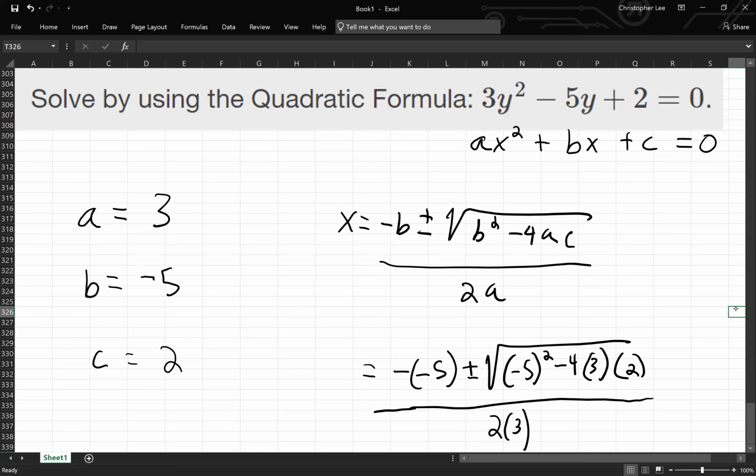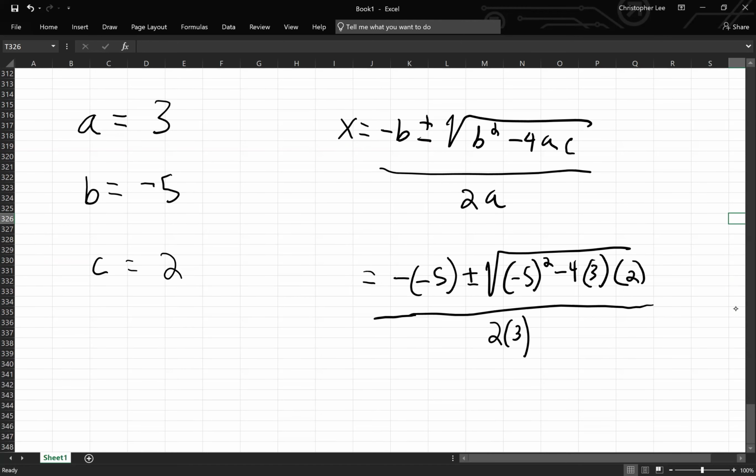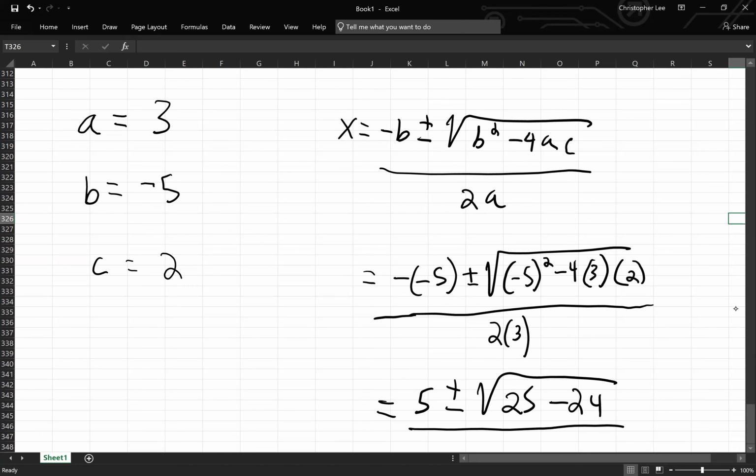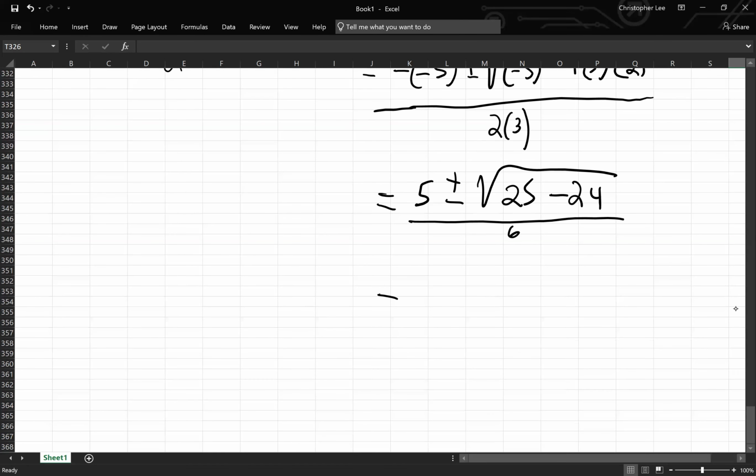All right. So to simplify everything, negative times negative is positive. This is going to be the square root of 25 minus, I think, 24, all over 6. So now I have 5 plus or minus the square root of 1 over 6, right?